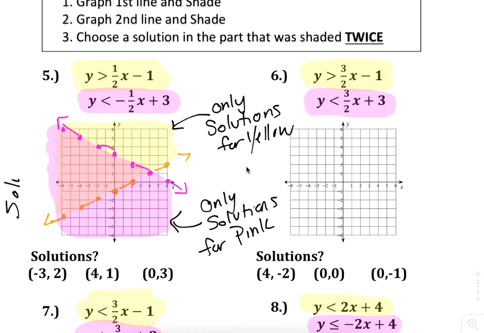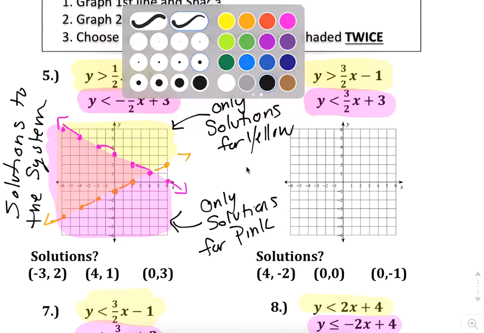These are solutions to the system. Okay, so we want the orange part. Now, if you were on the border and you were a solid line, you could still be included. But this time we don't really need to worry about that. We only have dashed lines, so we definitely won't choose any points on a line.